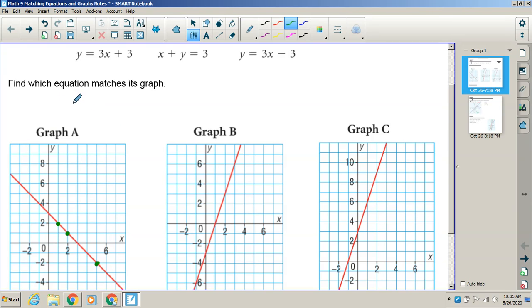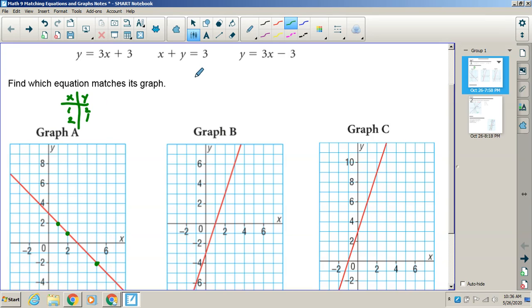So if I made a quick table of values for this graph, it'd be a 1 and a 2. This would be a 2 and a 1, it looks like. And then the last one would be 5 and -2.